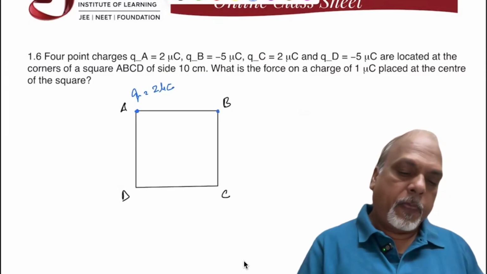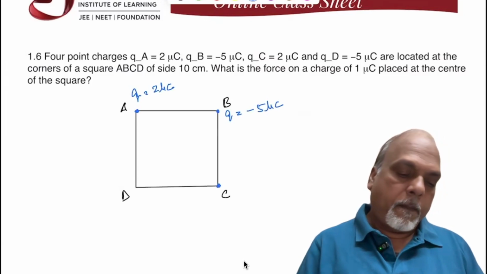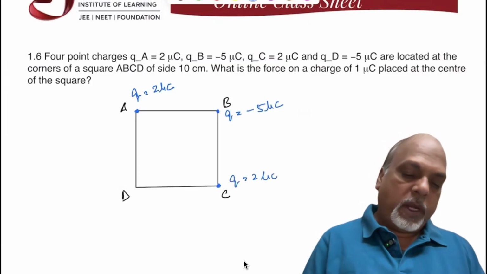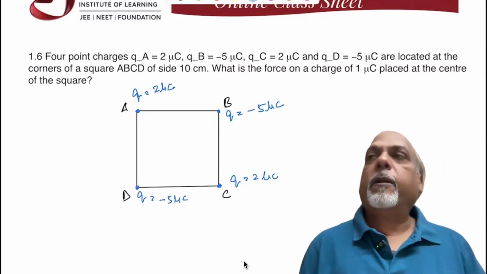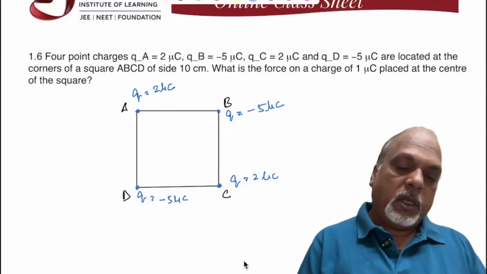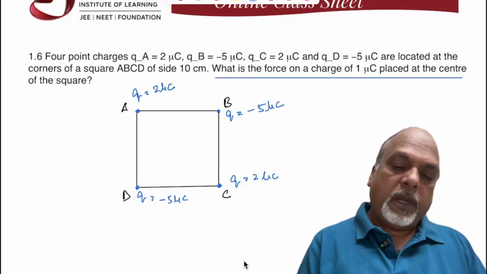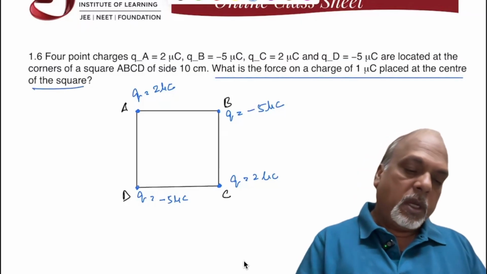On B, -5 microcoulomb charge. On C, 2 microcoulomb charge, and on D, -5 microcoulomb charge. Correct? What is the question? What is the force on a charge placed at the center of the square? A 1 microcoulomb charge is placed at the center.